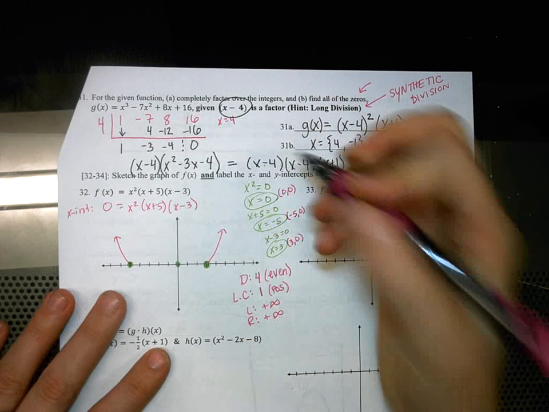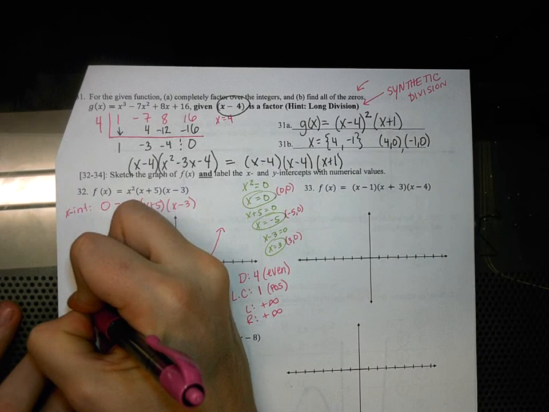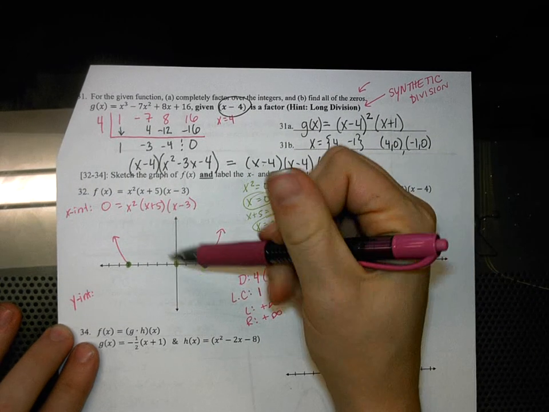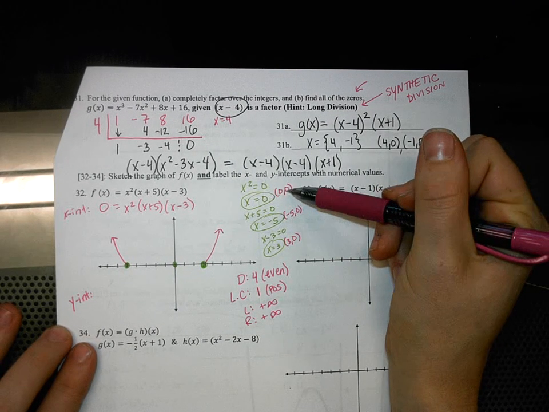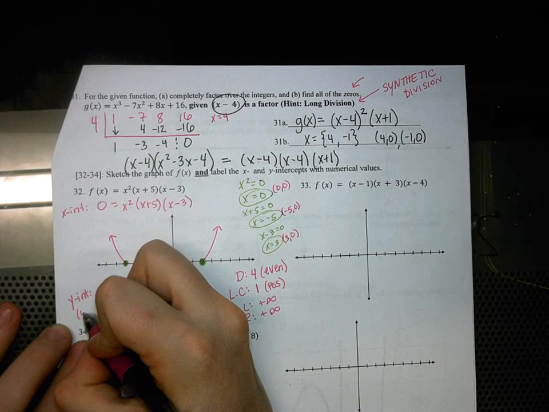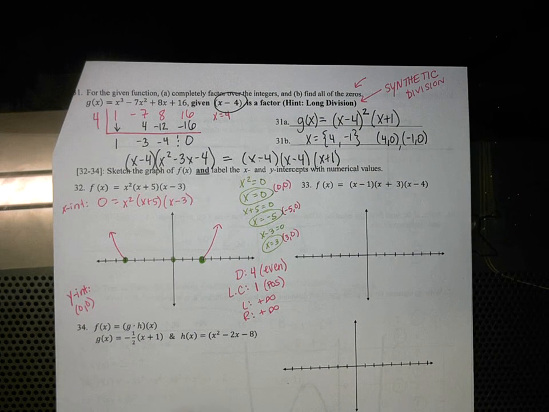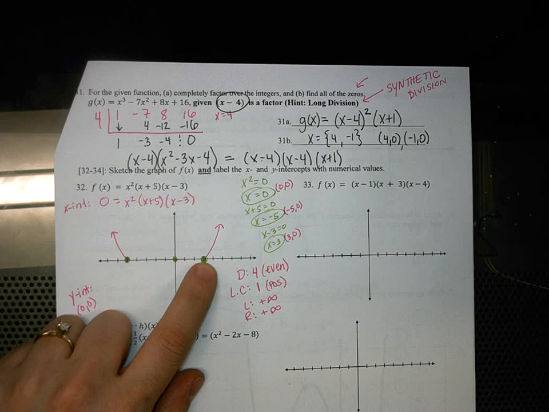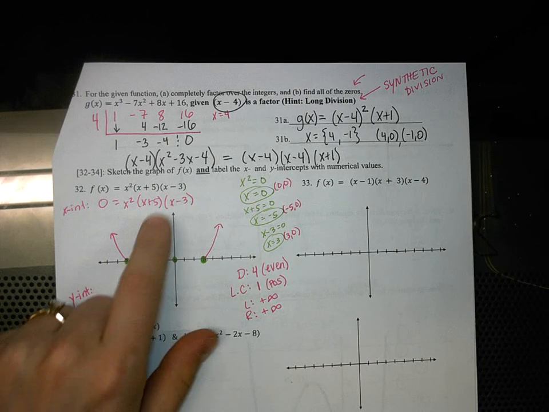You need to also find your y-intercept. But we already have our y-intercept because we have this point of 0, 0. So when x equals 0, y is going to equal 0. So one of these needs to bounce in order for me to draw this correctly. So I go up here and look at my factored form.